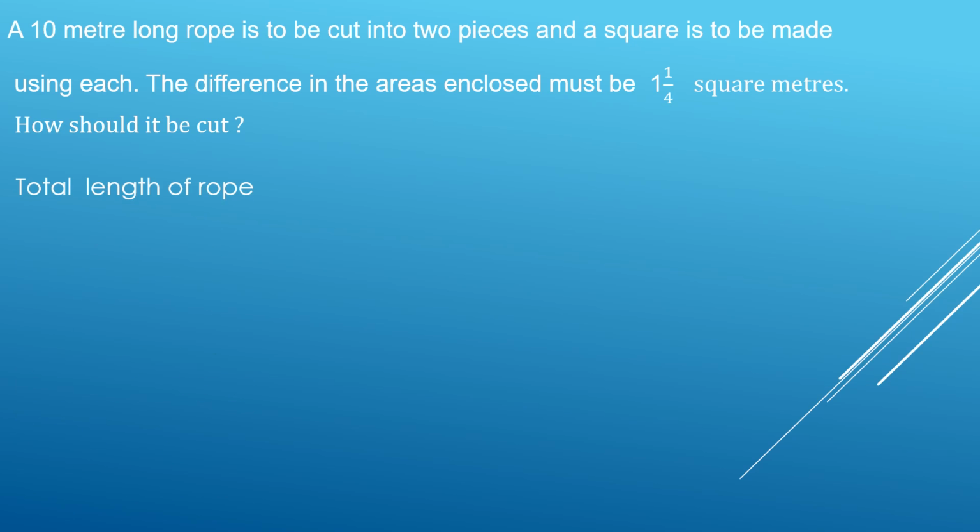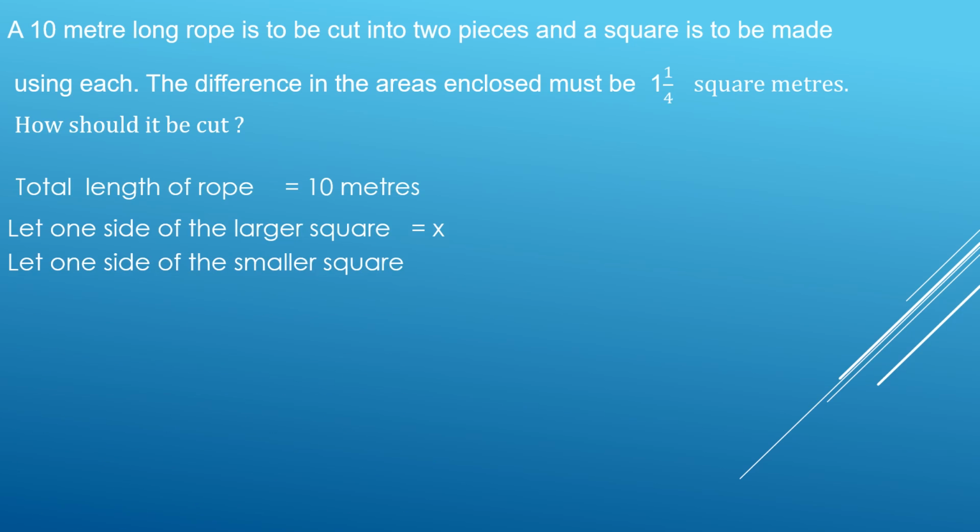Okay, length of rope is 10 meter, it is given. Now, we made two squares, isn't it? So let's take one side of the large square be x. Okay, now tell me the next step. Yes, let one side of the small square be y. Good.